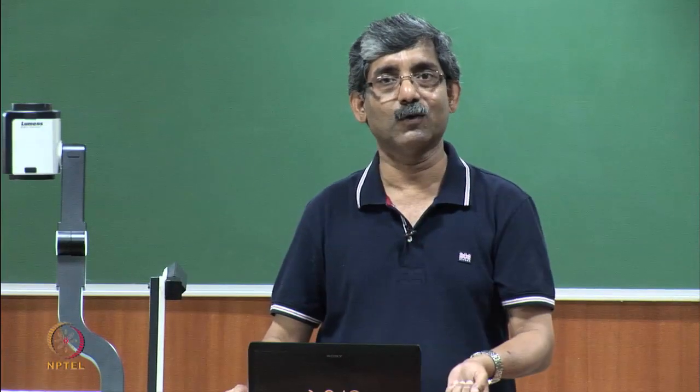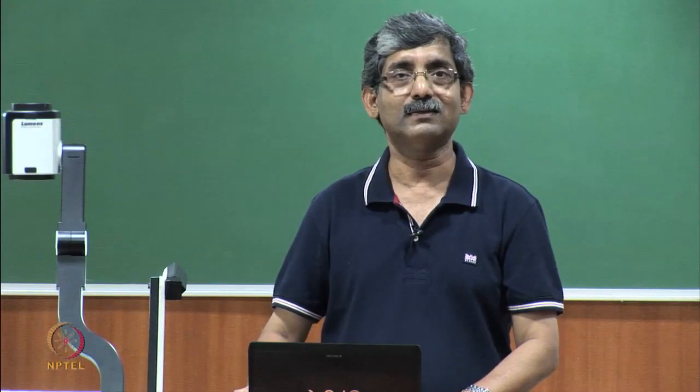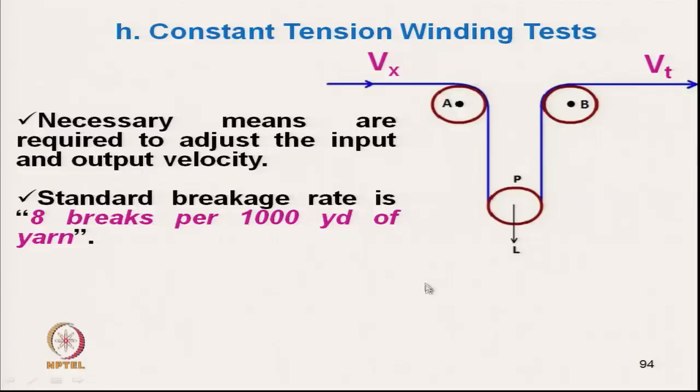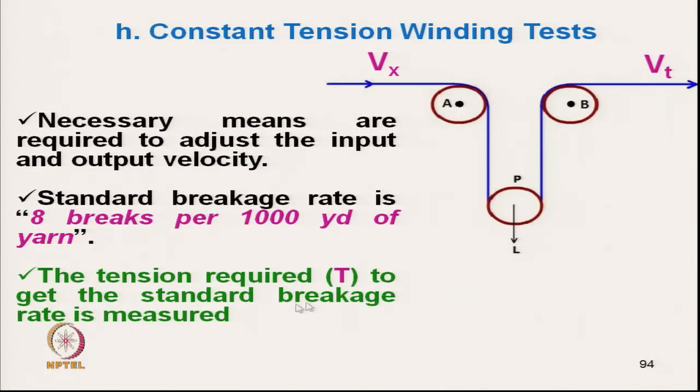Dynamic strength we will get only if it breaks repeatedly, and that is 8 breaks per 1000 yard. The tension T required to get the standard breakage rate of 8 breaks per 1000 yard is measured. If it is higher than 8 breaks per 1000 yard, then we have to reduce the load to bring it to a value which gives exactly 8 breaks per 1000 yard.